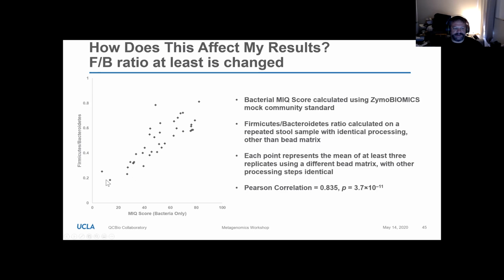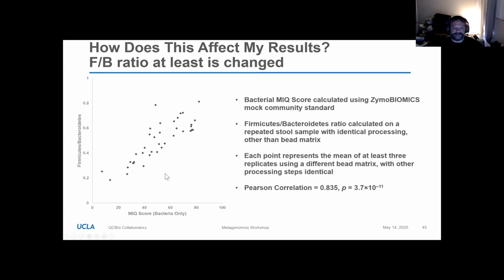Stuff that scored low for accuracy tended to give me the impression that there was a much higher ratio of Bacteroidetes in the stool. As I start increasing the mic score, so basically more accurate lysis, or more even lysis, or more efficient lysis, whatever you want to refer to it as, I can see a pretty good correlation to increasing firmicutes to Bacteroidetes ratio.